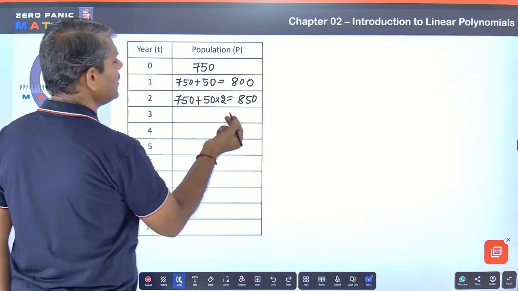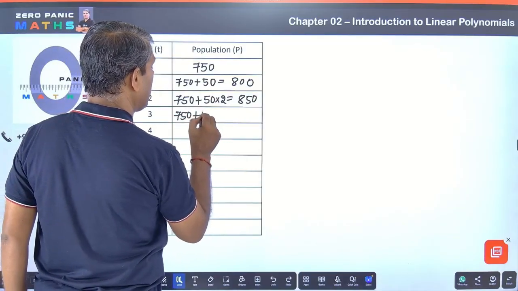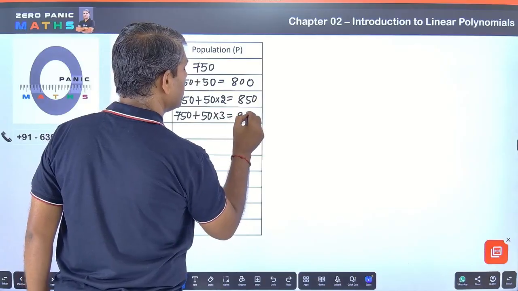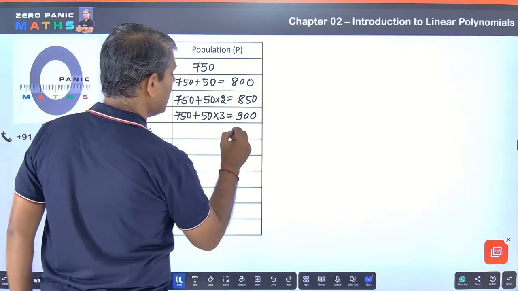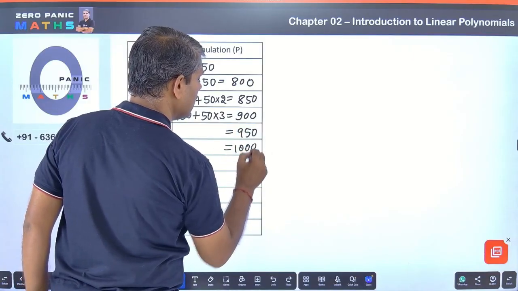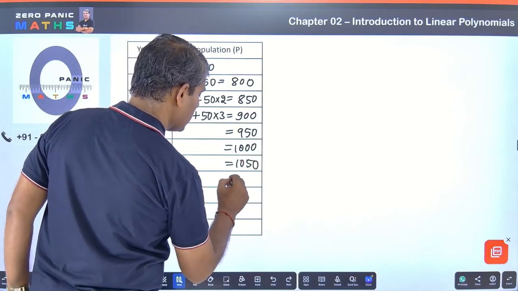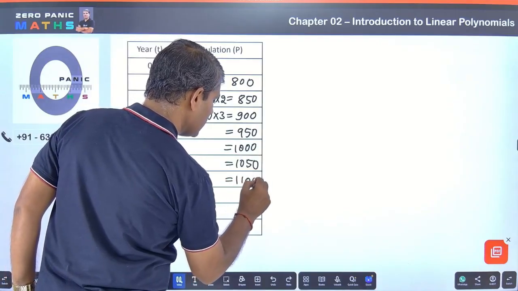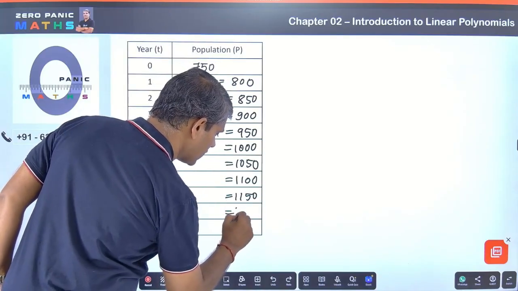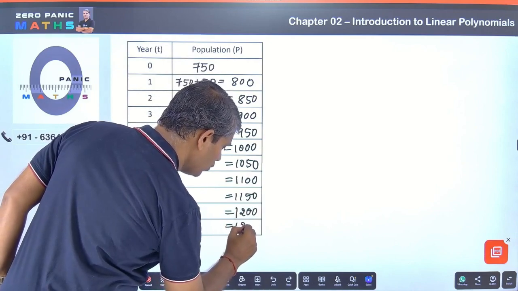You can just go on writing the same thing in terms of a linear pattern. 50 into 3, or 850 plus 50, that is 900. Similarly it is 950. You go on filling this. 1000, 1050, 1100, 1150, 1200, and finally 1250.